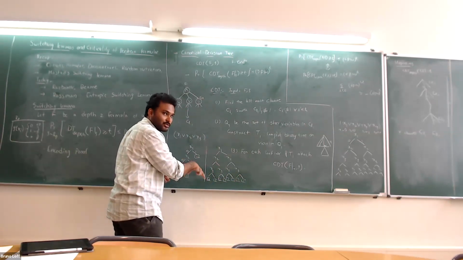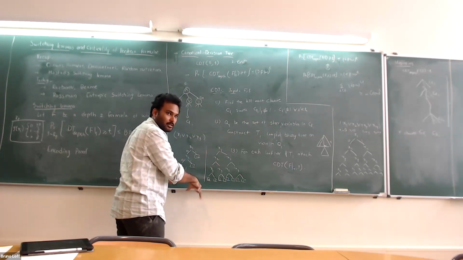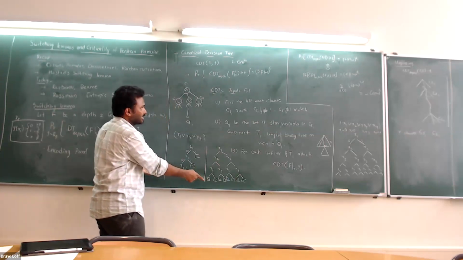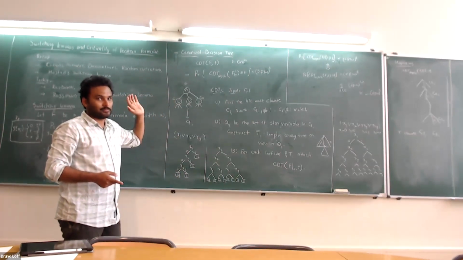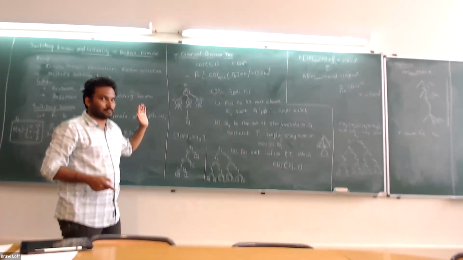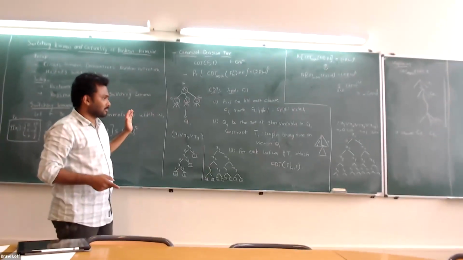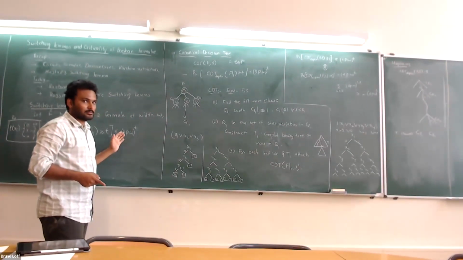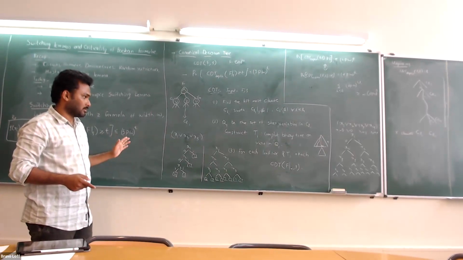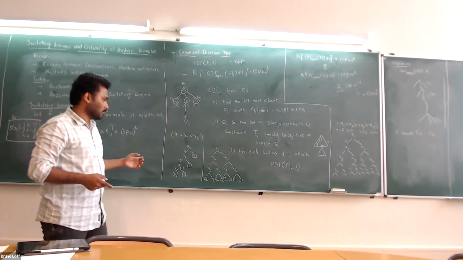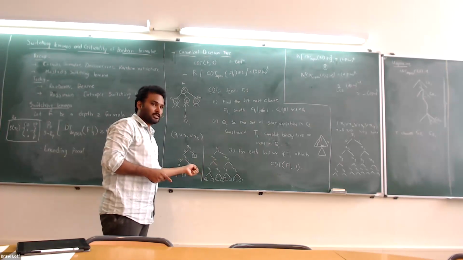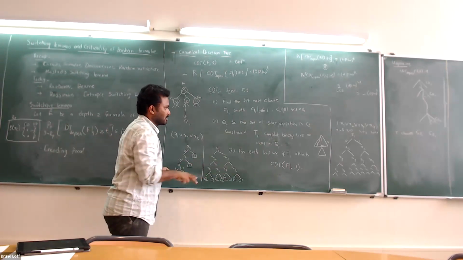It doesn't make any sense to attach anything down here because by here itself, the formula is becoming 0. Because this is 0, the and is 0, so the formula is 0. At that point, you already know the formula. So you don't attach anything to the 0 path. You only extend the 1 path.